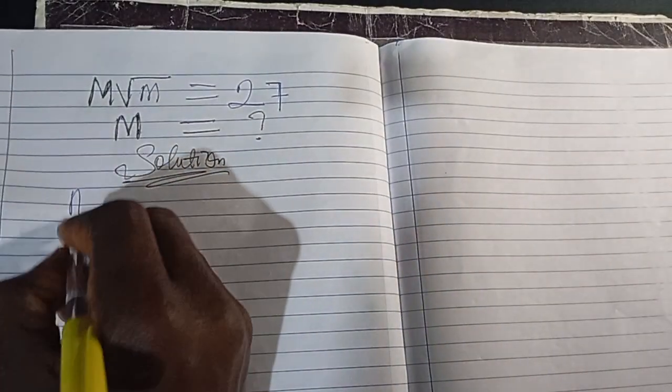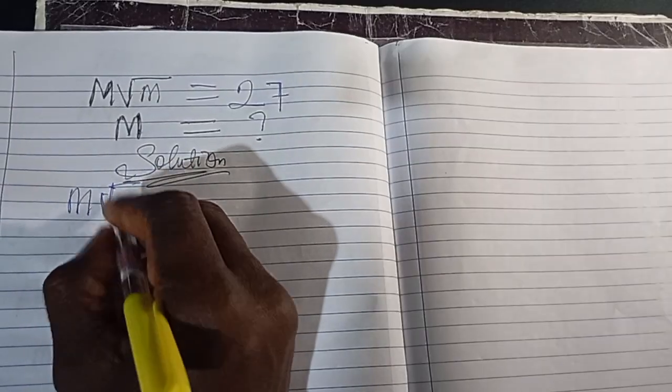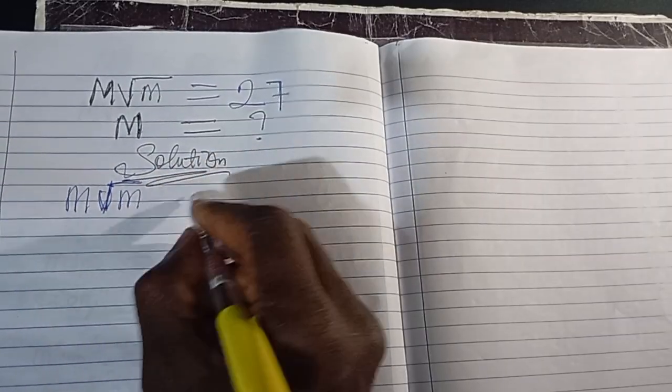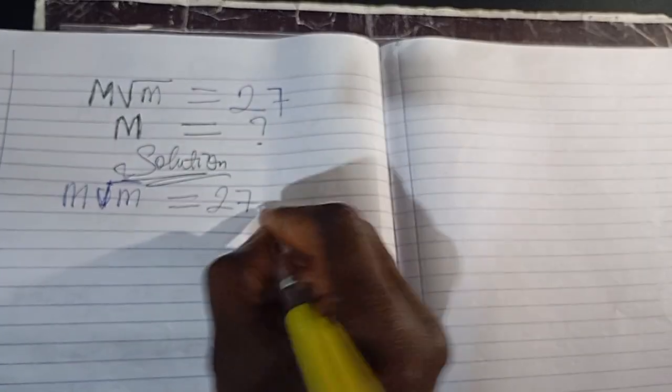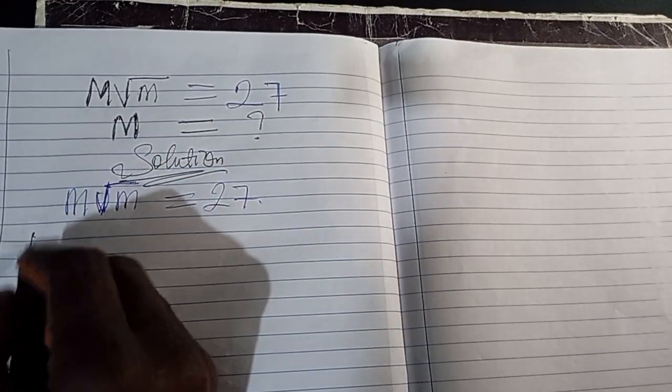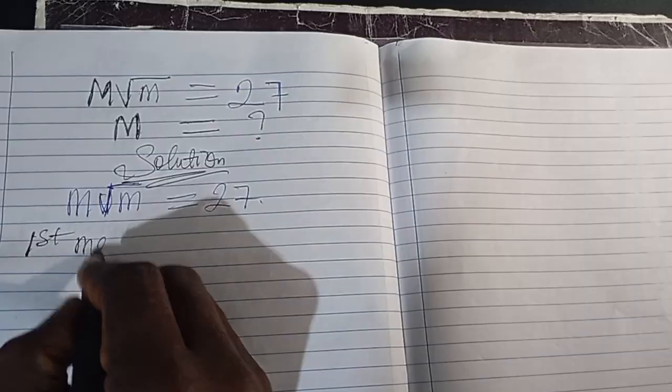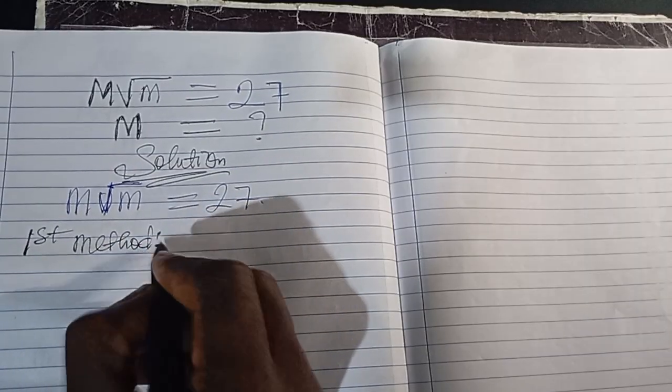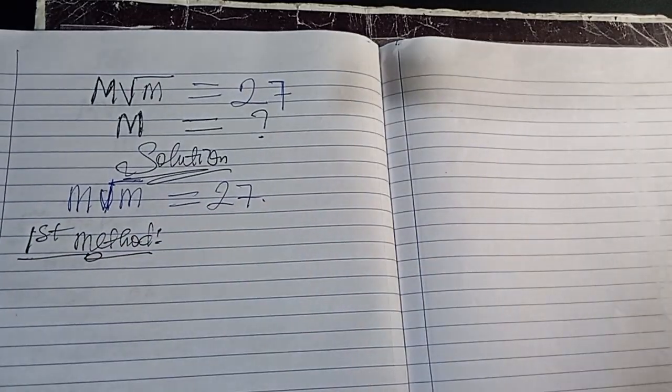We are given m raised to power m equals 27. Now to solve for m, we are going to use two different methods. First method, pay attention.